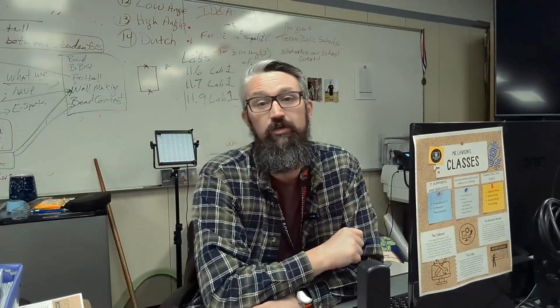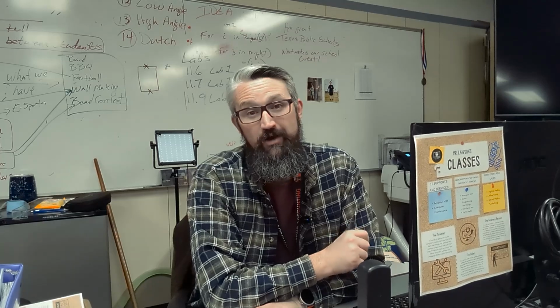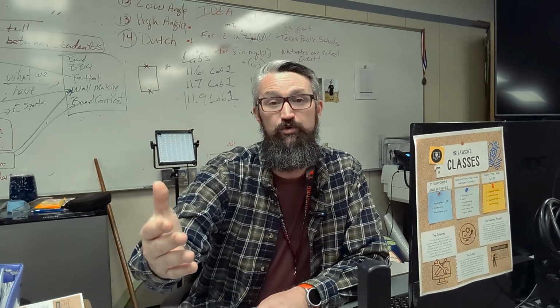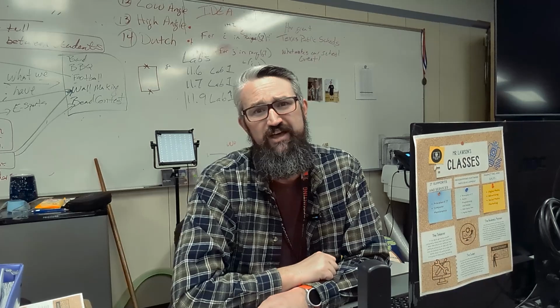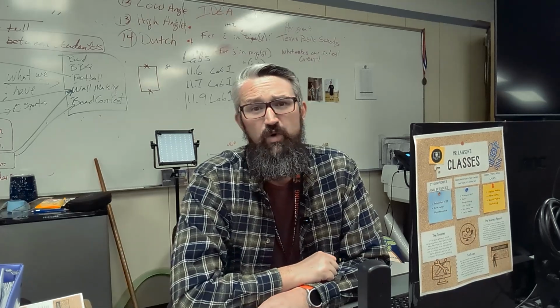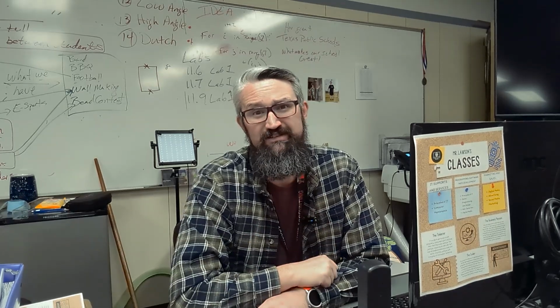So when we are learning a new program, especially in my digital media class, I don't really give them step-by-step instructions. What I do is I will run them through a specific project. I'll record me going through it, and then I absolutely encourage them to go find other ways that might help them learn it better.